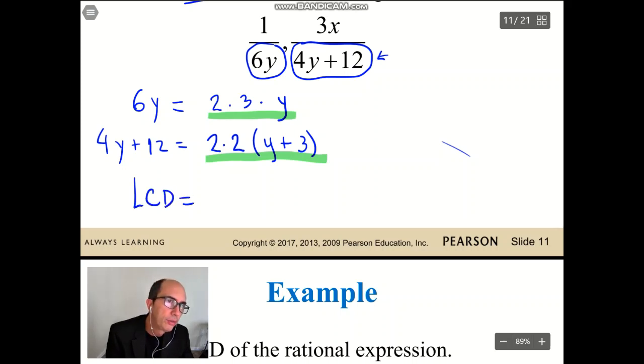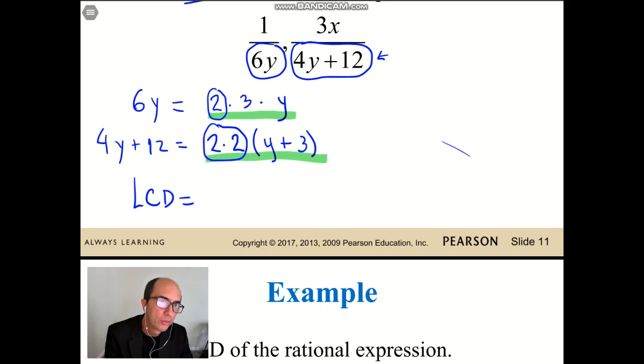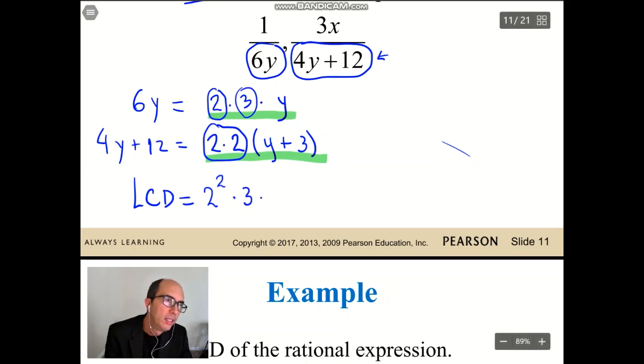Each unique factor, then we have 2, and we have 2's on the bottom. The one that has more 2's is this on the bottom, so we're gonna use this, 2 squared, or 2 times 2. Another unique factor is 3. We don't have it on the bottom, but we have it on the top, so 3.